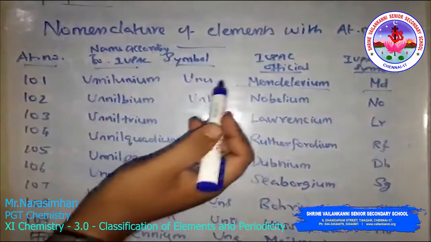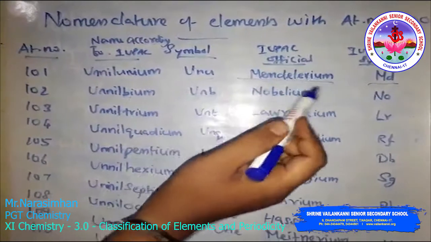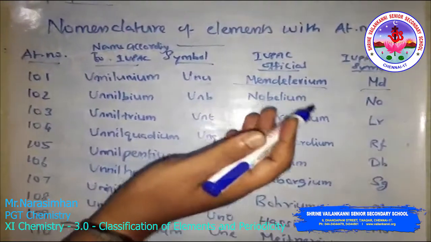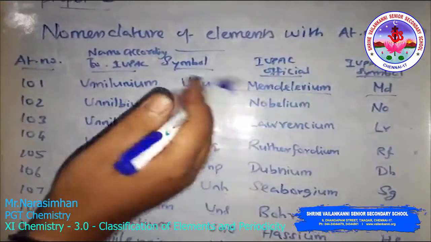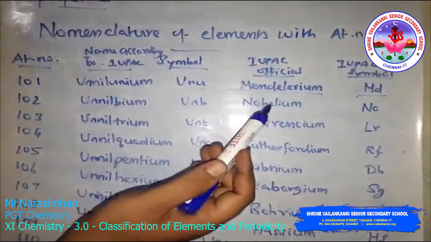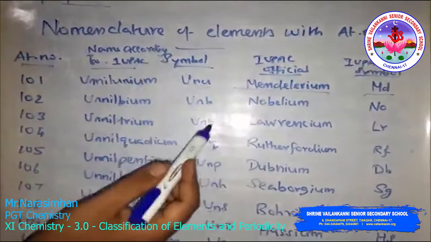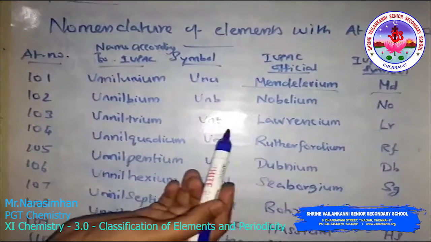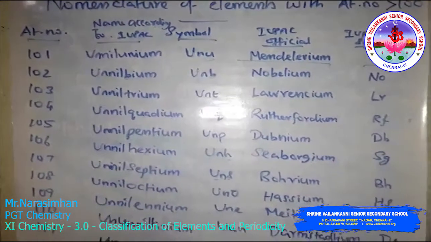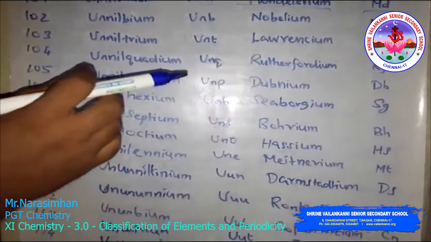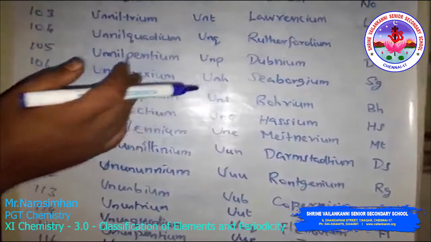The permanent name might reflect the country in which the element was discovered, or pay tribute to a notable scientist. As of now, elements with atomic numbers up to 118 have been discovered. Here the elements 113, 115, 117 and 118 are not yet announced by the IUPAC system.